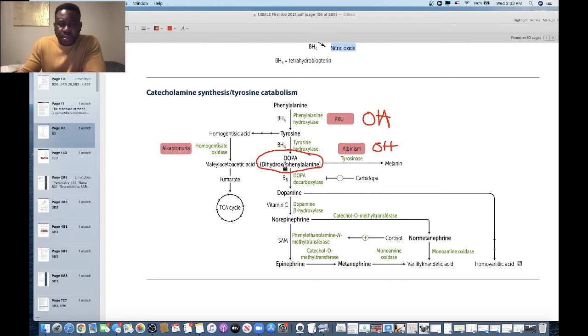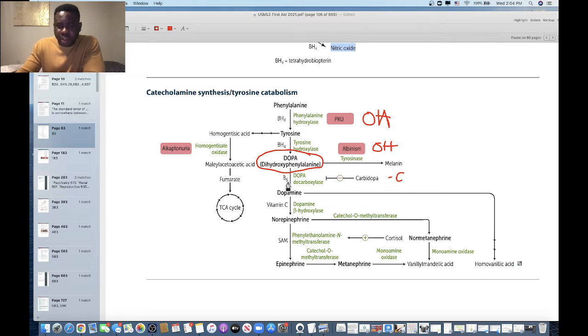Now the next step is converting dopa to dopamine, and here we do decarboxylation. We already said that decarboxylation is mediated by vitamin B6, but carboxylation is mediated by vitamin B7. So dopa decarboxylase means that we are removing a carbon from dopa, and then we get dopamine.